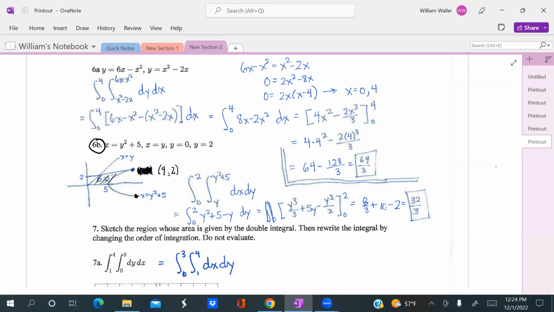It's between, on the left, the curve x equals y, or y equals x, and then the curve on the right here is x equals y squared plus 5, right? So that is a horizontally simple region.